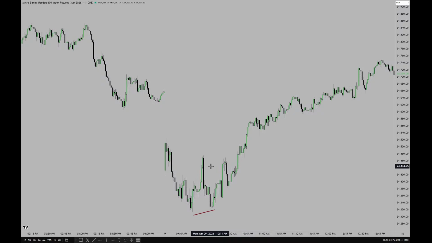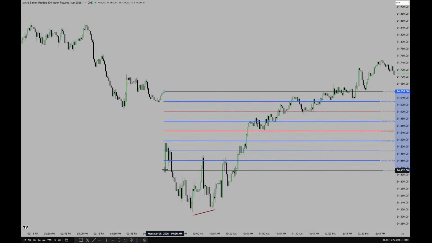This high is suspect because we got real close to it here against an SMT divergence and the opening range gap. Close there. And the open on that candlestick. So here's consequent encroachment of the regular trading hours opening range gap. Okay, so that comes in around 24,545 and a half.